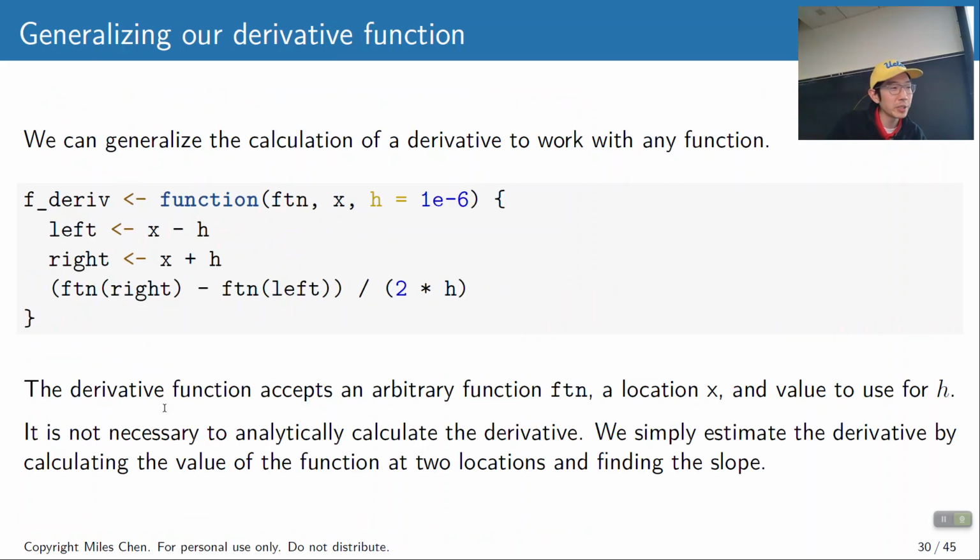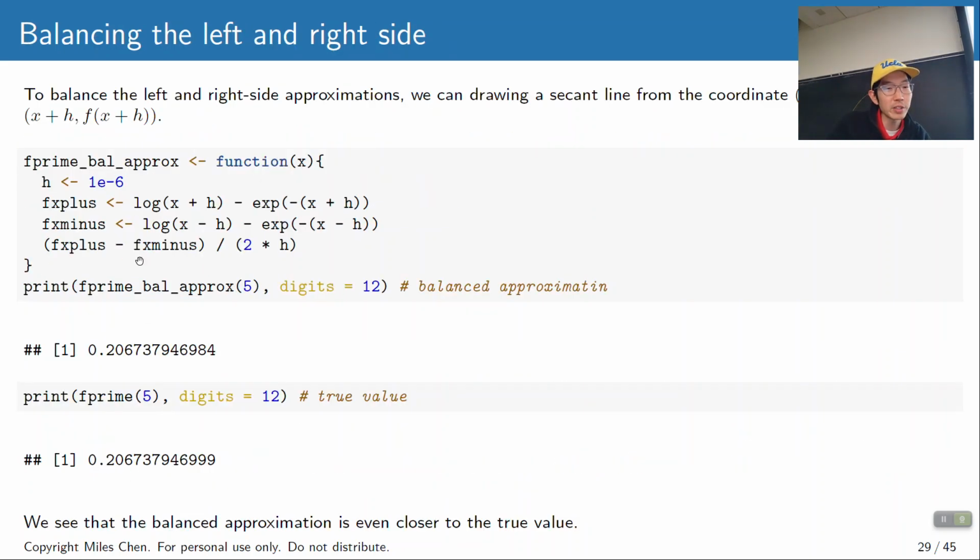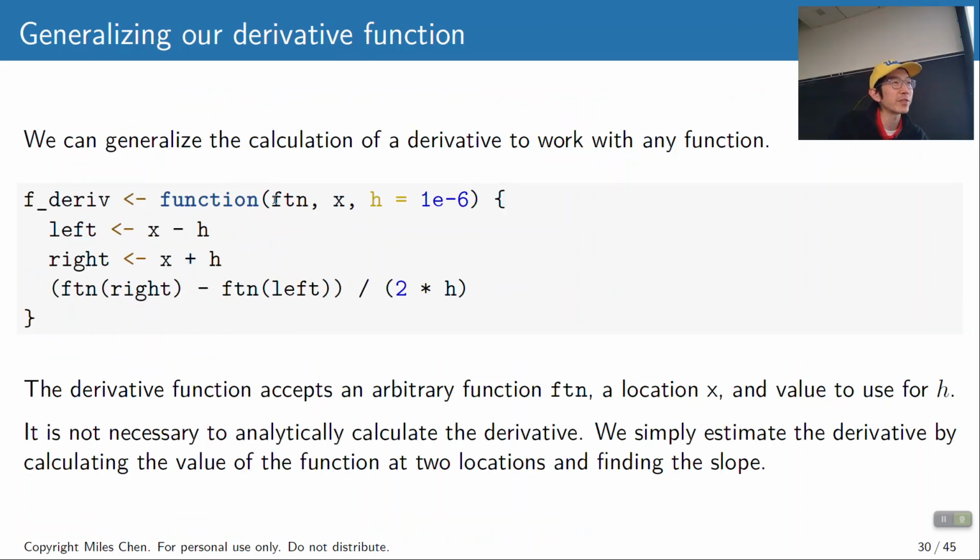Okay, we can generalize this thing. All of these functions I've been doing, log of x plus h and exp of this thing. But what if I just want some generic function? Well, here, with R, arguments for a function can be other functions themselves. You've seen the apply function, right? You provide another function and it applies that function to the thing. So here we're going to write a function where one of the arguments is some arbitrary function ftn, okay?